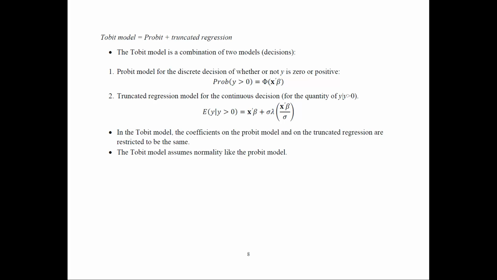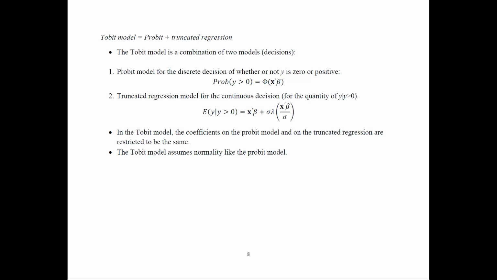Okay, so here's where things get a little bit more complicated, and perhaps that will become a little more clear after we discuss some of the other models that we have in the sample. So this Tobit model can be broken down into two models. One of them is a probit model, and one of them is a truncated regression model. How?